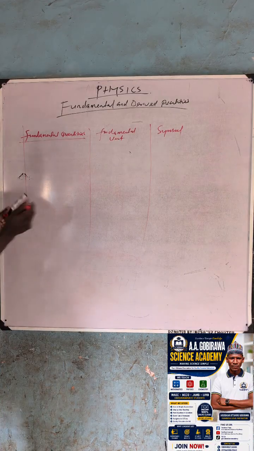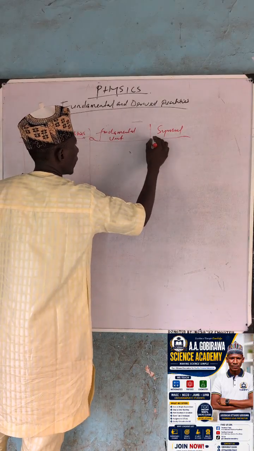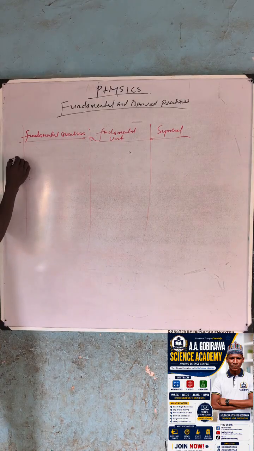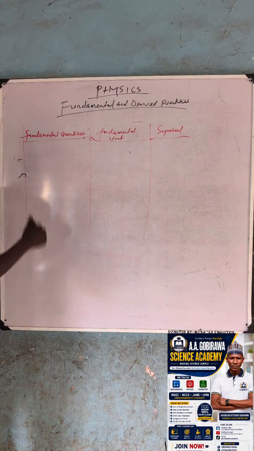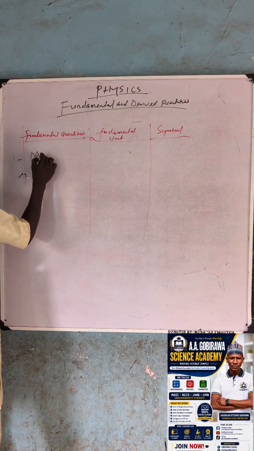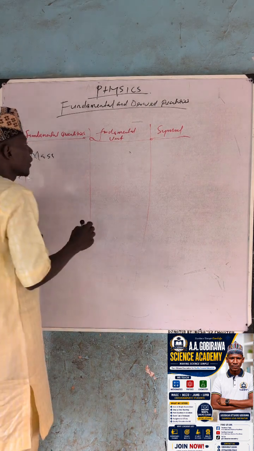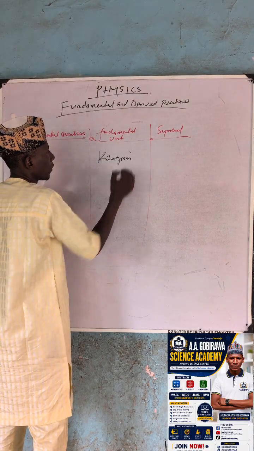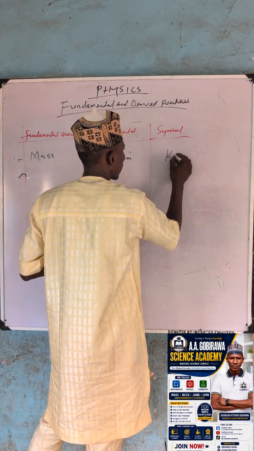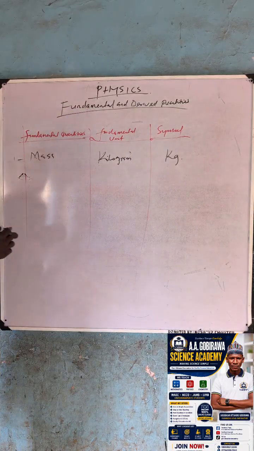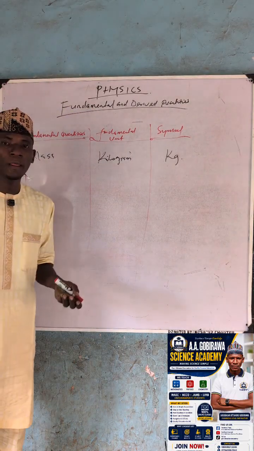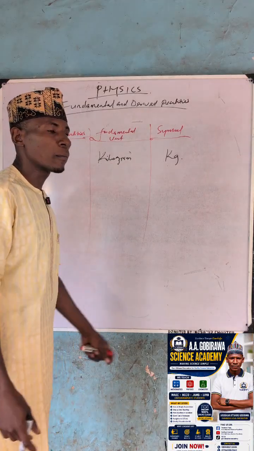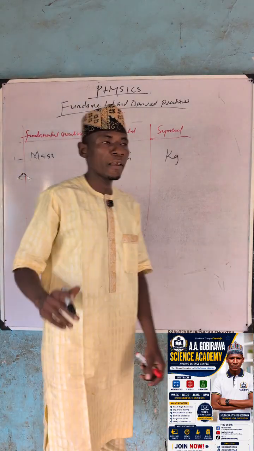Number one, we have mass. Our fundamental unit is kilogram, and the symbol is kg. We know mass is like weight, right? So what is used to measure weight? Its unit is kilogram, and the symbol is kg.